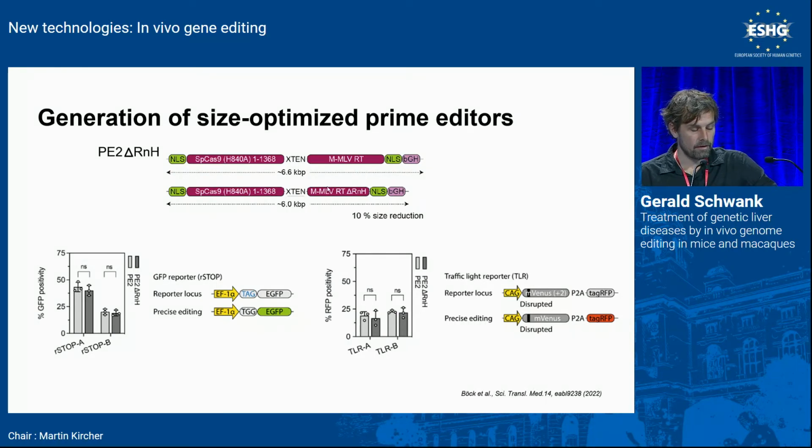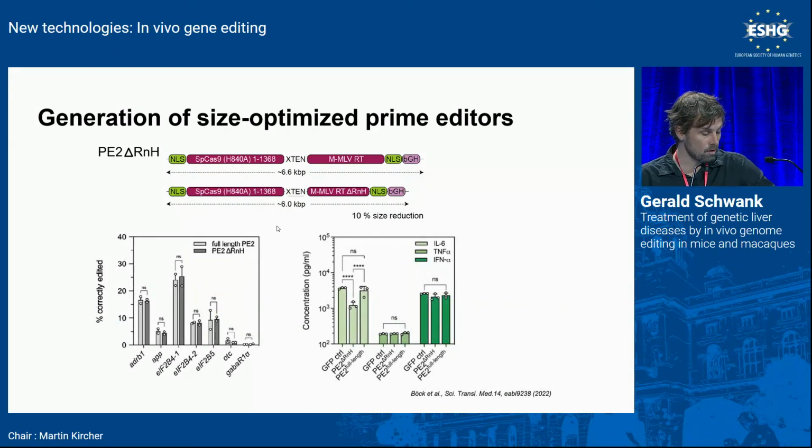And indeed, in one variant where we removed the RNase H domain, we got very similar, or identical, editing on two different reporters, and also on different endogenous loci we tested. With this, we could at least reduce the size of the prime editor by about 10%, which is still large, still about a 6 kb reading frame.